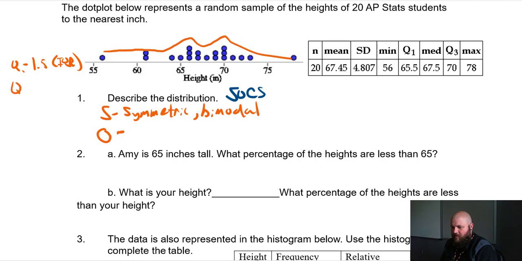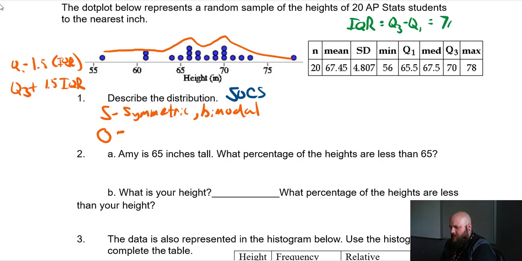And then we have Q3 plus 1.5 times our IQR. Well, what's our IQR? Well, let's look over here. Our IQR is Q3 minus Q1.